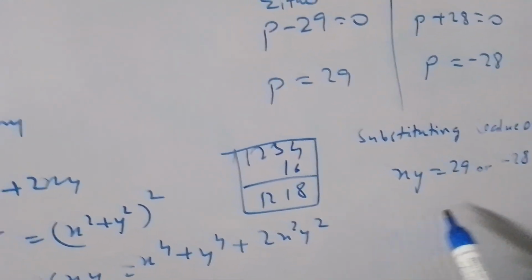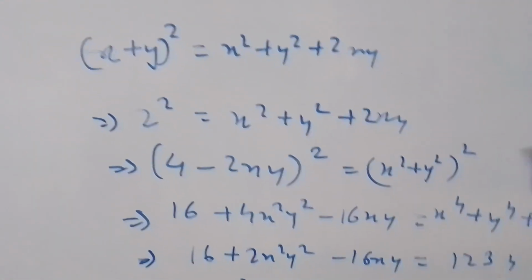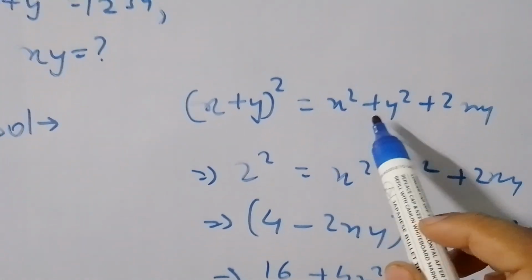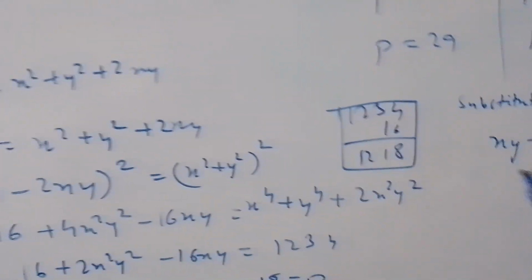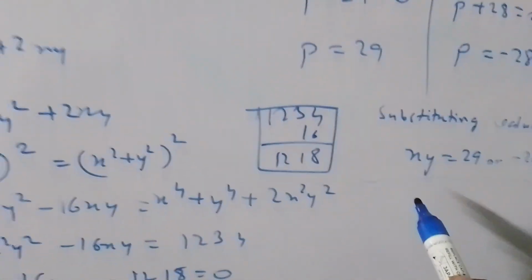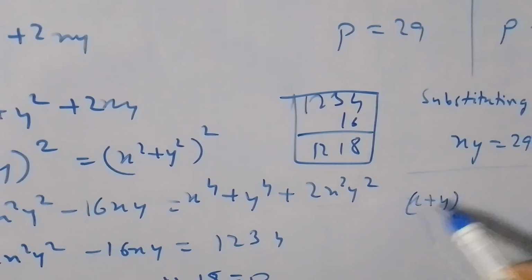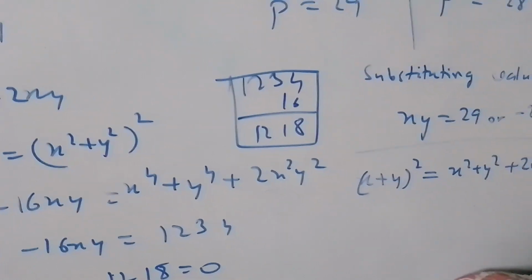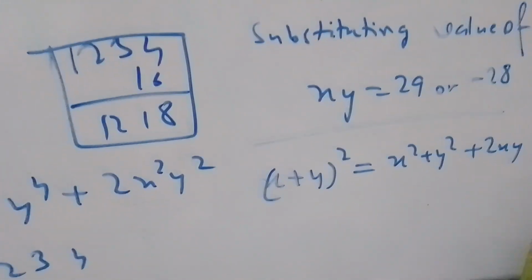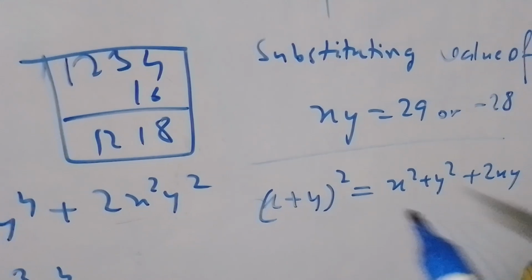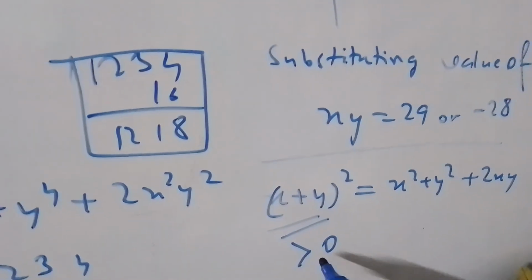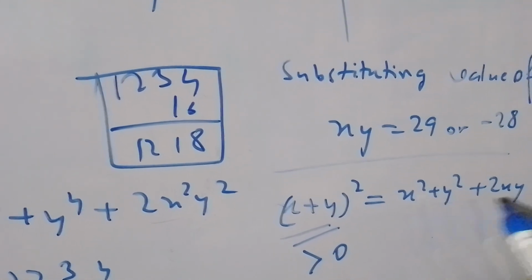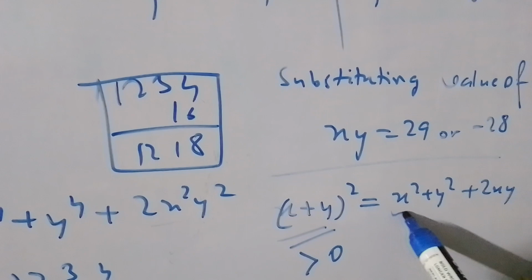If you look at this equation, (x plus y) whole square equals x square plus y square plus 2xy. Now let me write this equation. (x plus y) whole square is equal to x square plus y square plus 2xy. The thing is that this is always greater than 0 because it's a square term, so this also needs to be greater than 0.